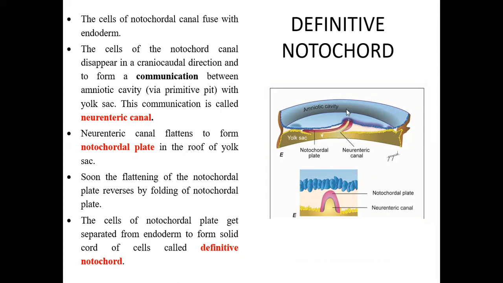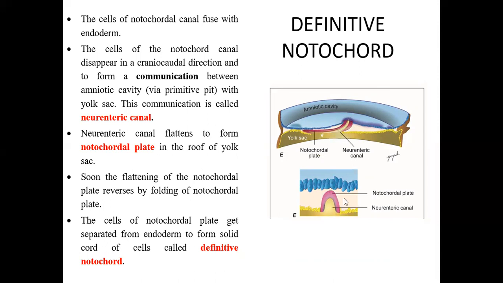This communication of the amniotic cavity with the primitive yolk sac is known as the neuroenteric canal. Now the neuroenteric canal flattens to form a notochordal plate in the roof of the yolk sac. So it incorporates firstly with the endoderm.